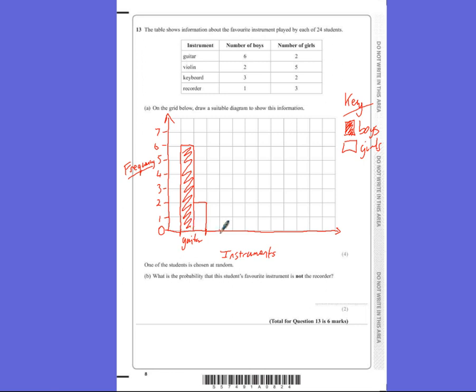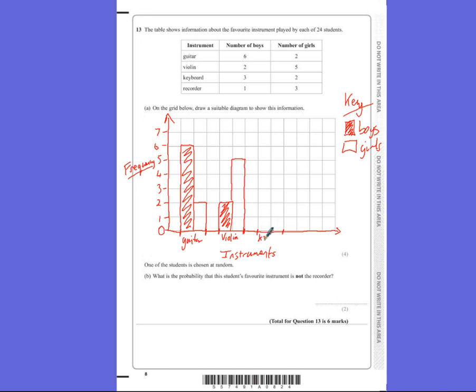For violin, again I'm going to leave 1 bar space, and then I'm going to have 2 squares for my next bars, so this will be for violin. For boys that is 2, don't forget to colour it in because the boys are coloured in, and for girls that is 5, not coloured in. Leave a space again, and then 2 more squares.